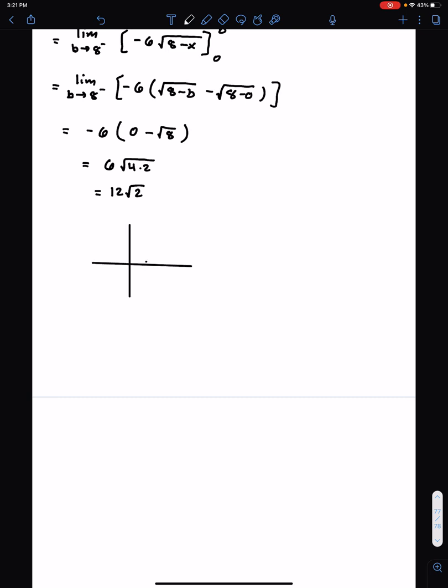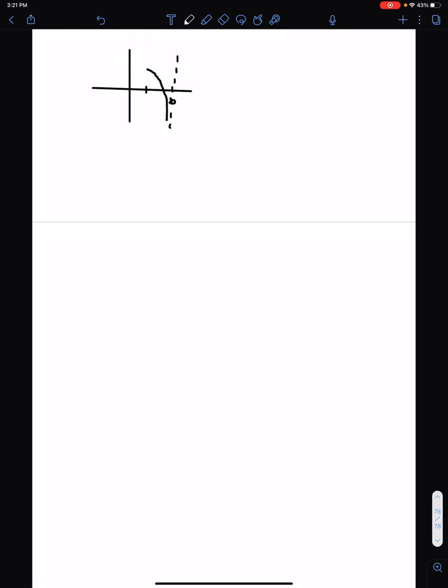So if I have a function that has a vertical asymptote at b, so integrals with infinite discontinuities.